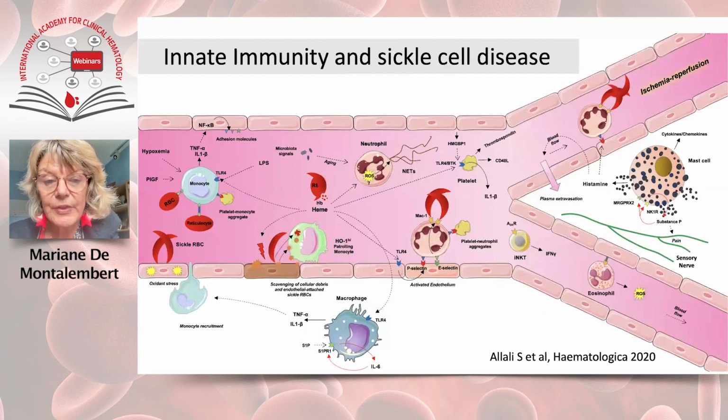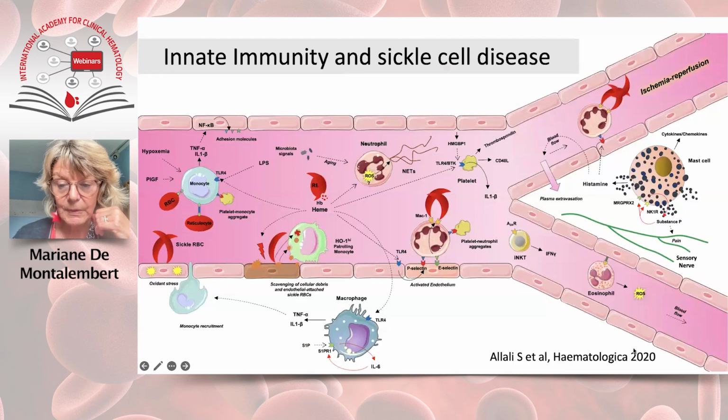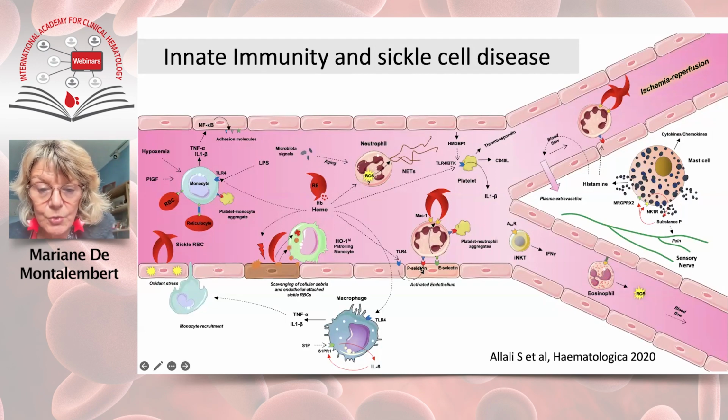And here you see this beautiful cartoon made by Slimane El-Ali and published in Haematologica. Here is the neutrophil. It is tightly linked to the activated endothelium via the link between P-selectin on the surface of activated endothelium and its ligand on the surface of the neutrophil.